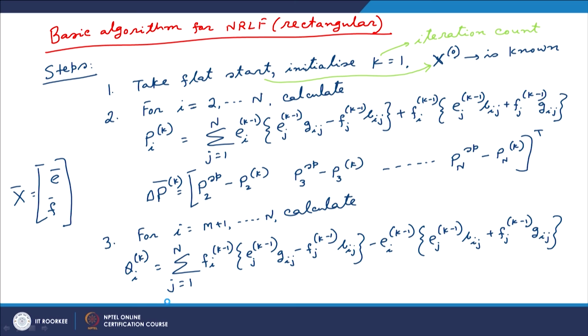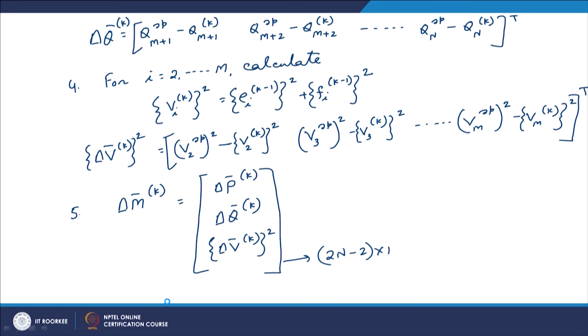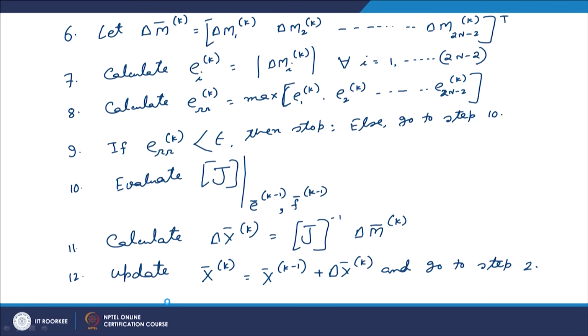After that it is straightforward: we calculate delta p k, delta q k, delta v k square, we form this delta m vector, then we check for convergence. If it is within some threshold value, then we stop; we say that my solution is obtained. Otherwise, we evaluate this Jacobian matrix, take its inverse and calculate this correction vector, and add that correction vector to the previously known x vector.